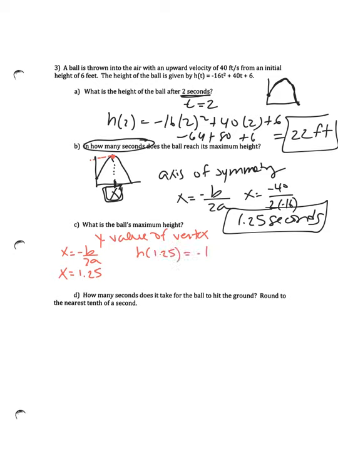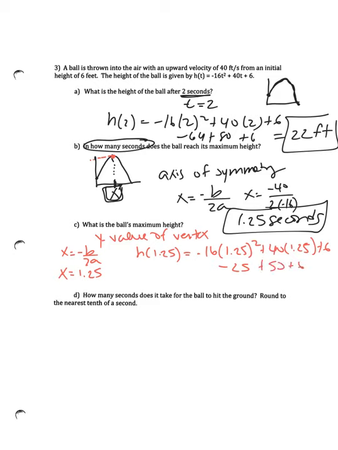That means we're going to go negative 16 times 1.25 squared plus 40 times 1.25 plus 6. So 1.25 squared is 1.5625, times negative 16, is going to give us negative 25, plus 40 times 1.25, which is 50, plus 6.